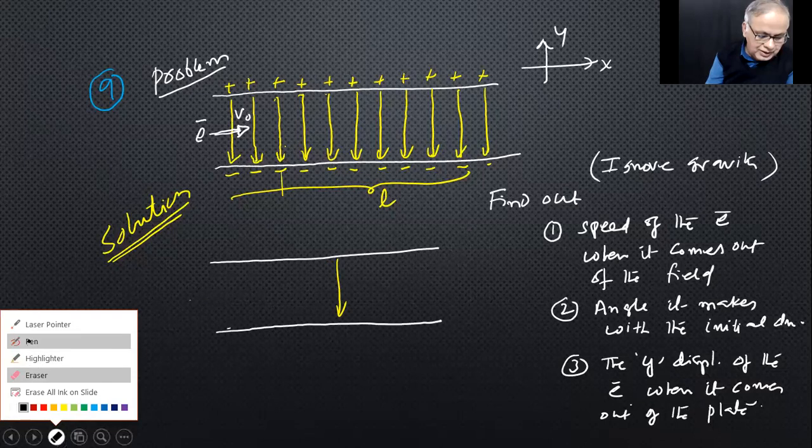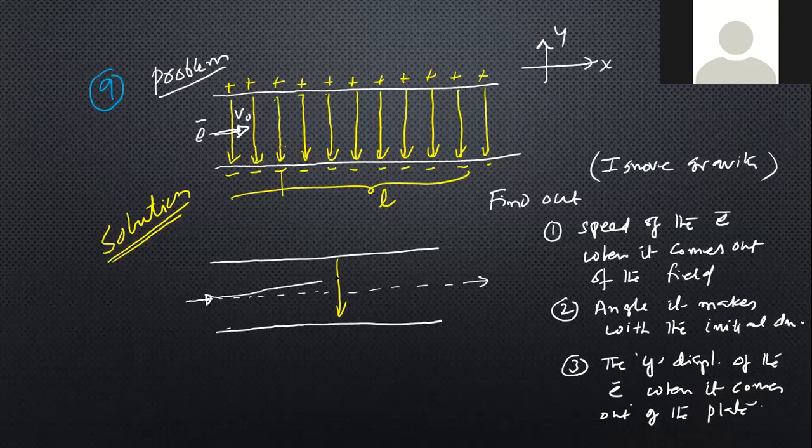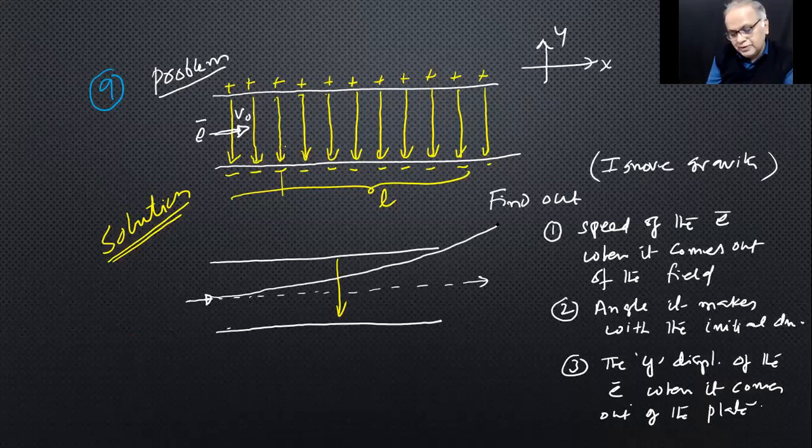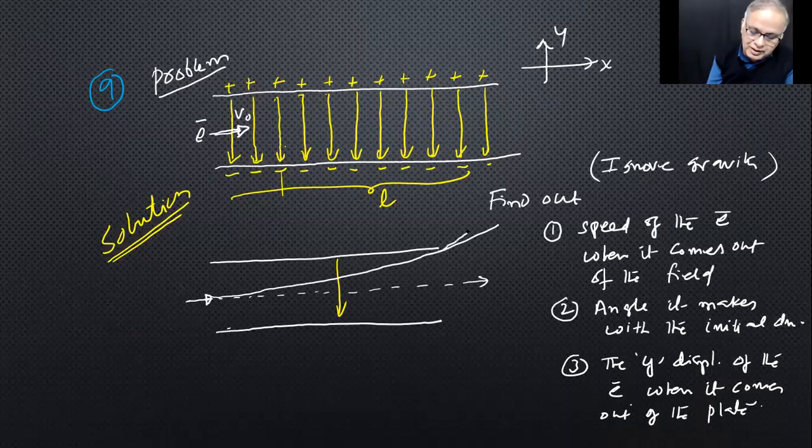The path is not like that. This is the original direction of V naught, and from here itself it starts turning. It will be tangential after it leaves the field, so you can make a little curve and then a tangent.